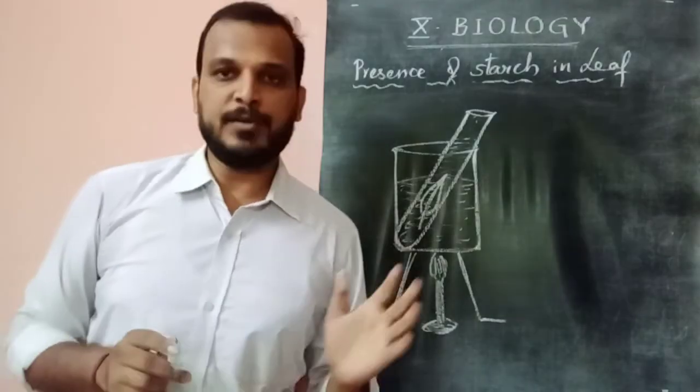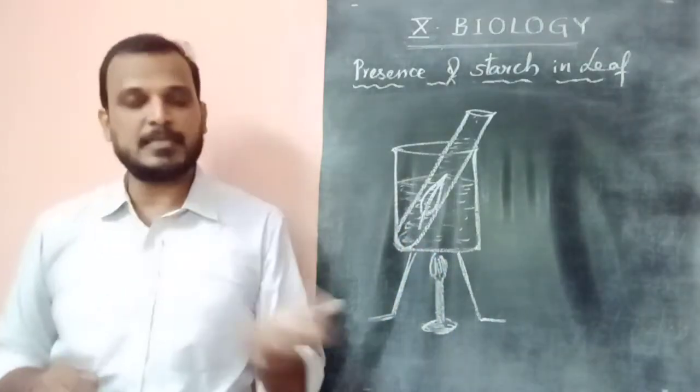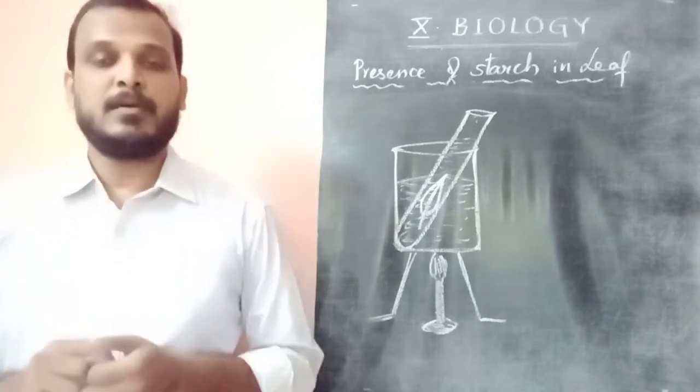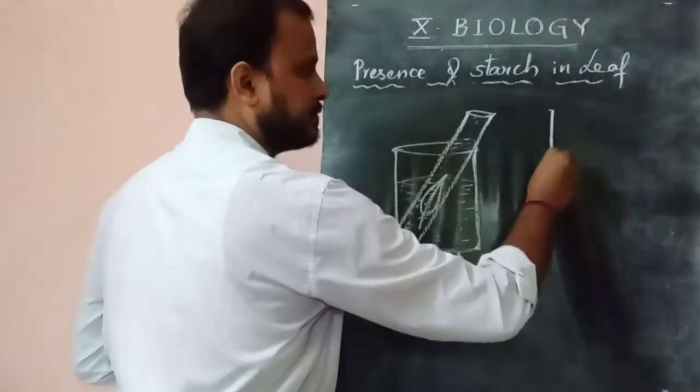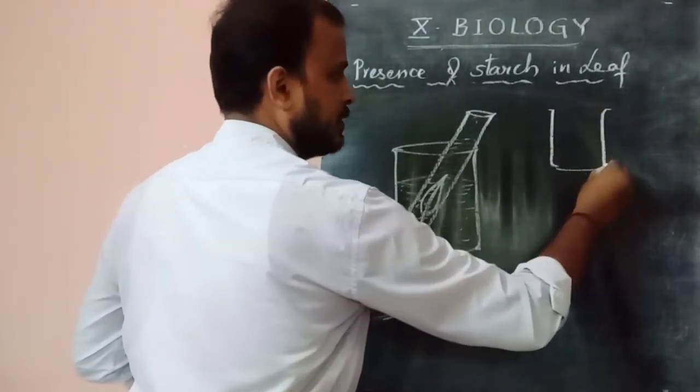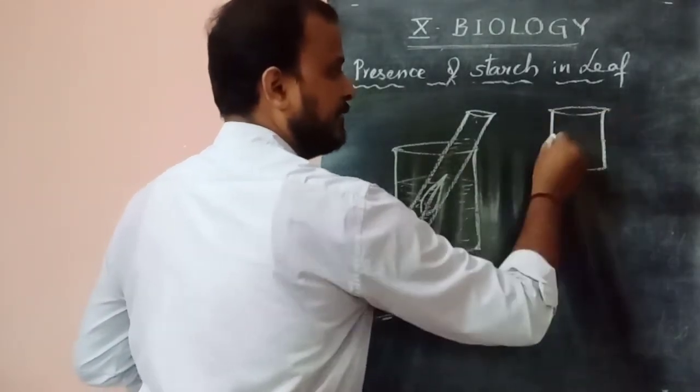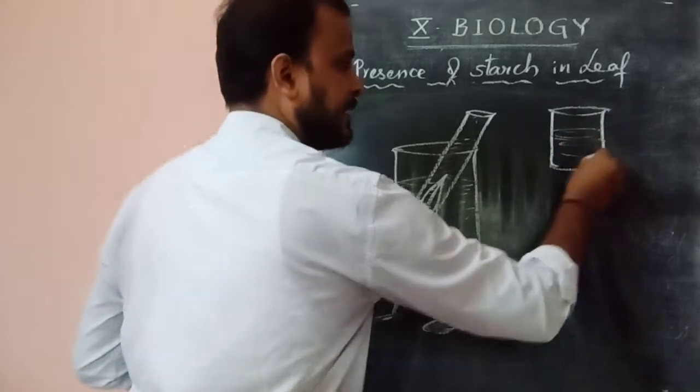Yes, dear children, we arranged these apparatus in such a way as shown in the textbook. How do we arrange? Let us see the apparatus. First take a beaker with a level of water in it, as we have taken inside.